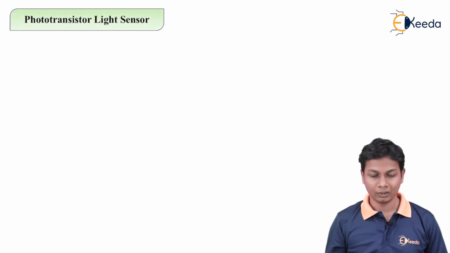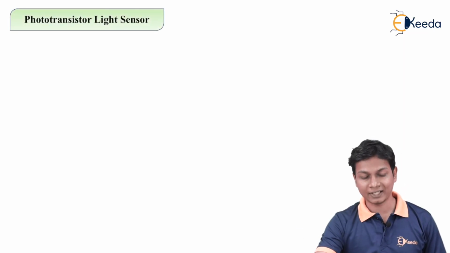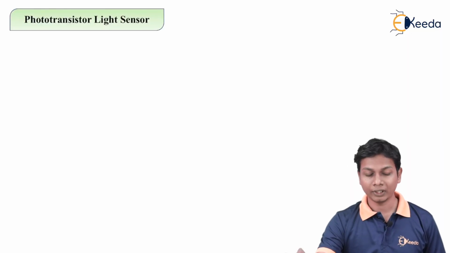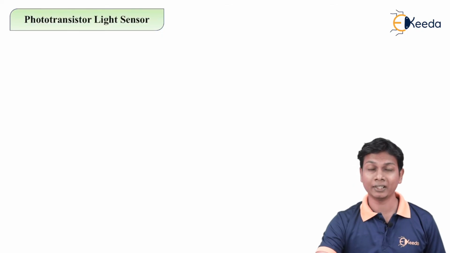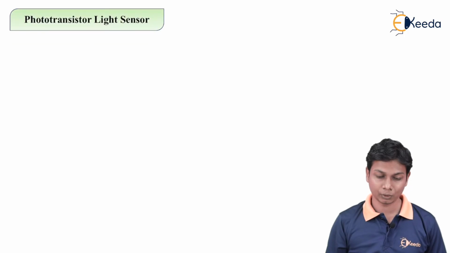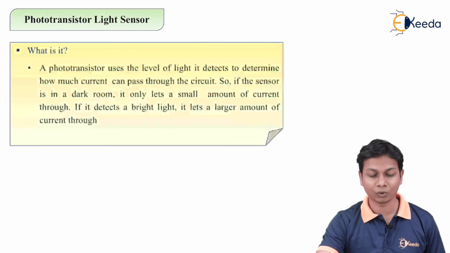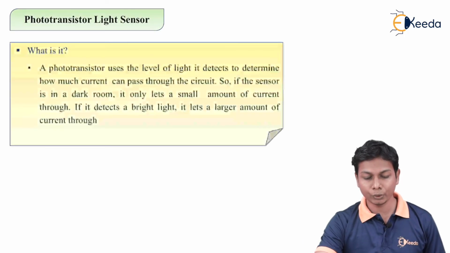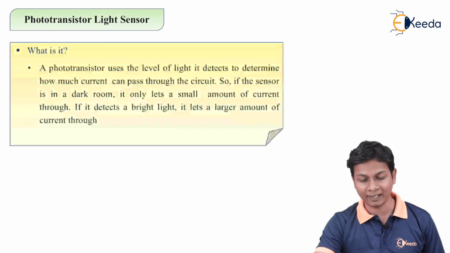Now, another type of light sensor is the phototransistor. In this type of sensor, a transistor is used, and in the earlier light sensor, a diode is used. The phototransistor sensor uses the level of light it detects to determine how much current can pass through the circuit.